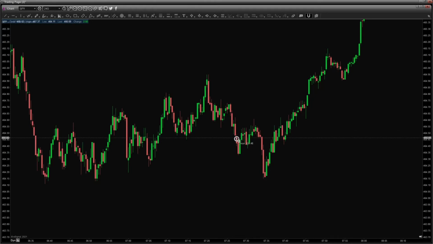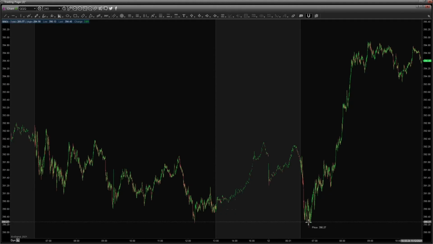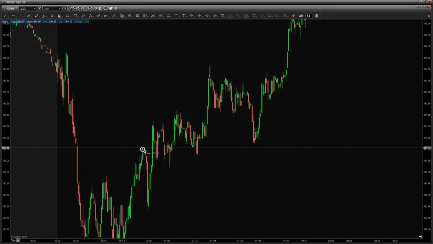It was just right about to go off, but you were holding this level here on the SPY. And let's see how the Q was at this time, around 7:25. So the Q was definitely moving upwards.